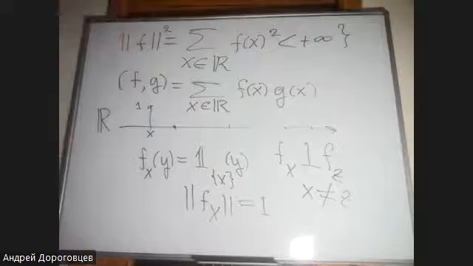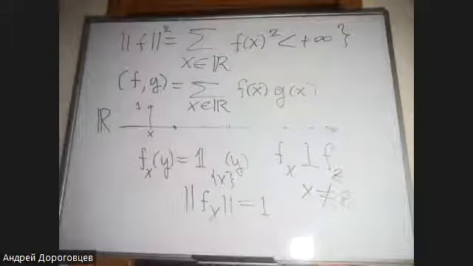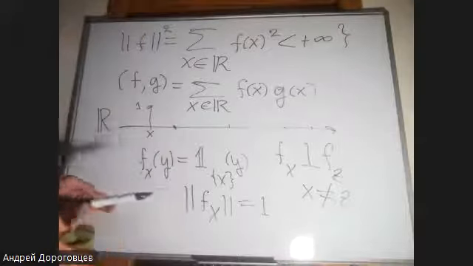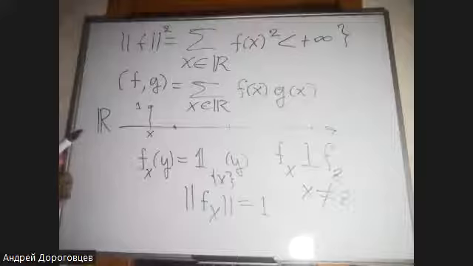So we have an uncountable set of vectors which are pairwise orthogonal and which have norm 1. So this space cannot be separable.